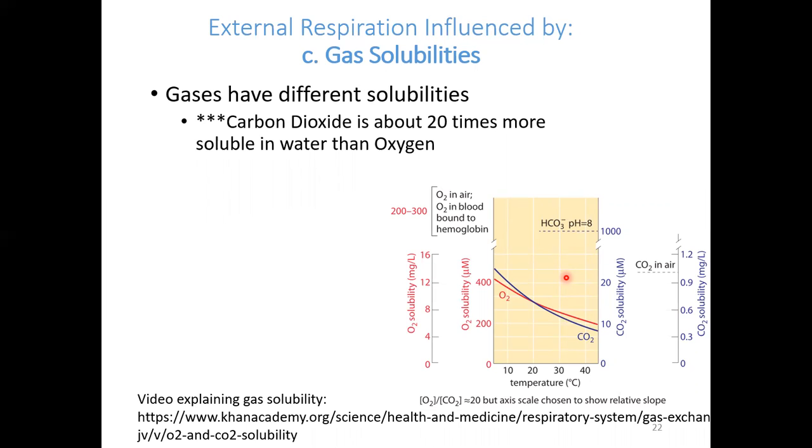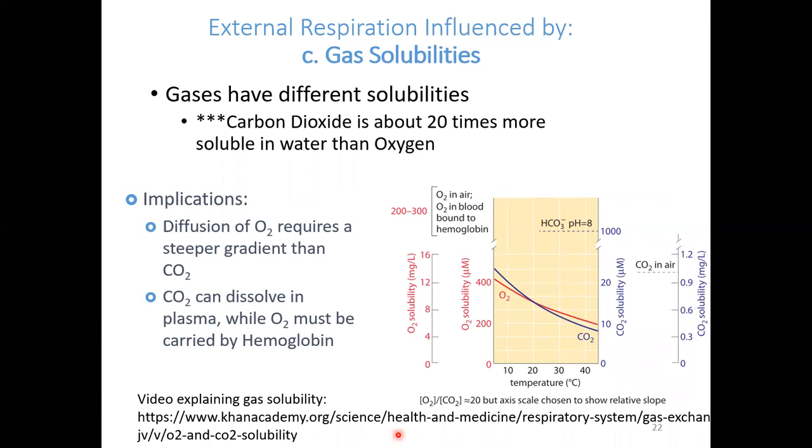So it takes a higher pressure in order to get oxygen to dissolve in the fluid of your lungs, in water, in your plasma. Okay, and so this graph here is showing you just the differences in solubility of these two gases. If you're interested in learning more about this, here is a link to a Khan Academy video that explains this in more detail.